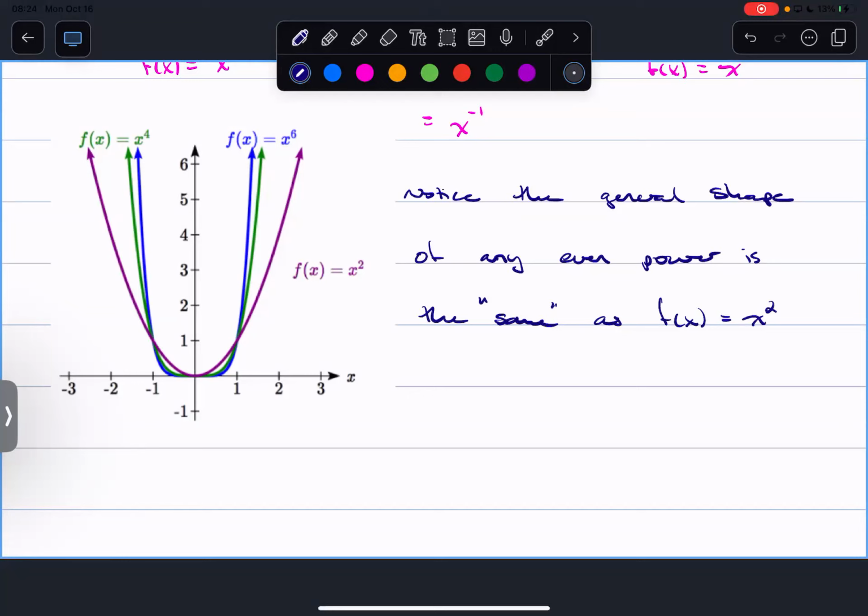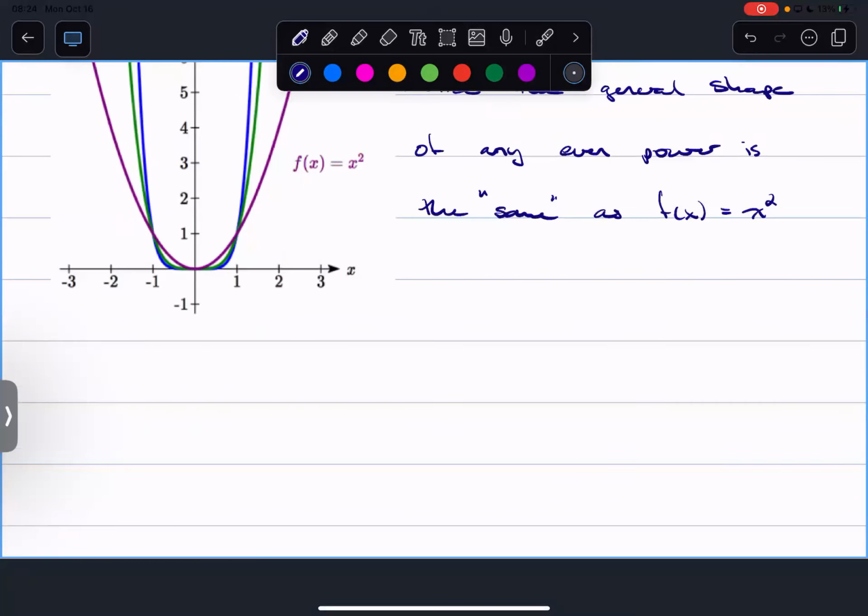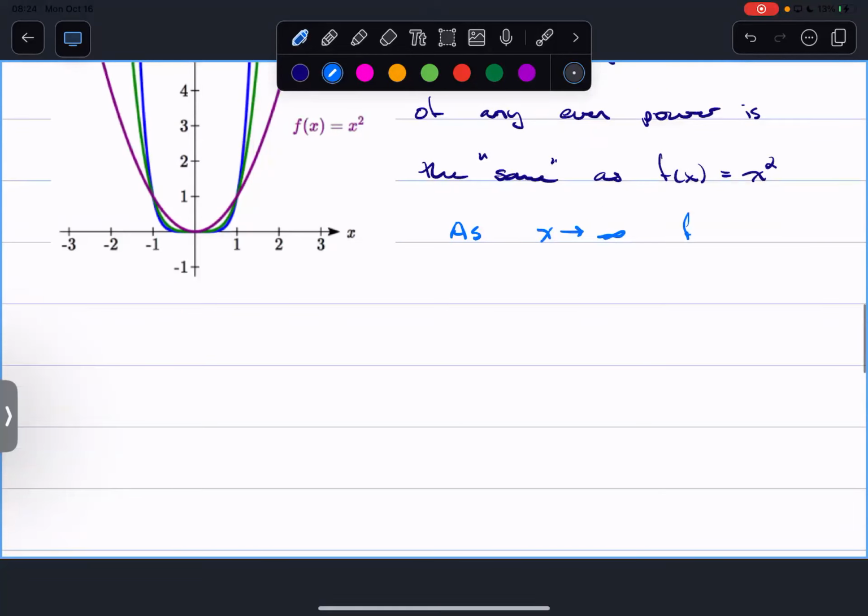I'll put same in brackets. Some changes, but generally same shape. Okay. What do we see? We see that as x goes to infinity, f of x goes to infinity as well.